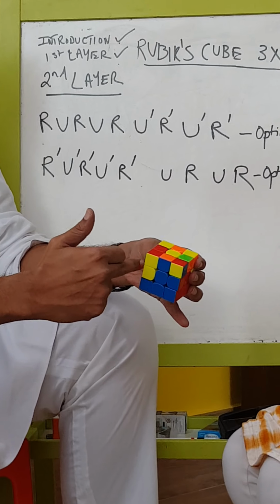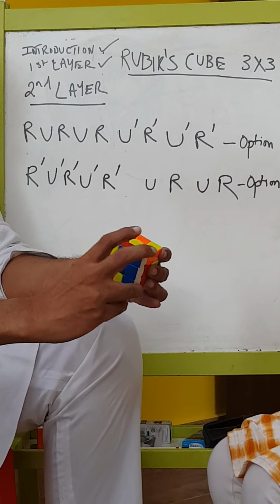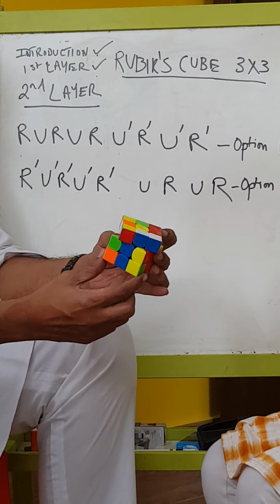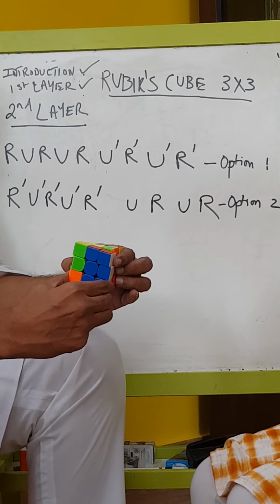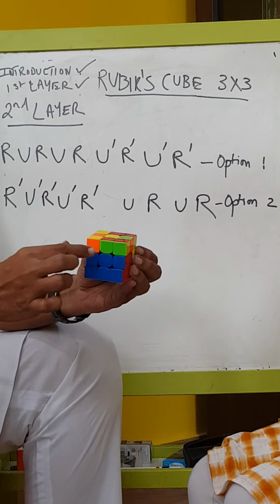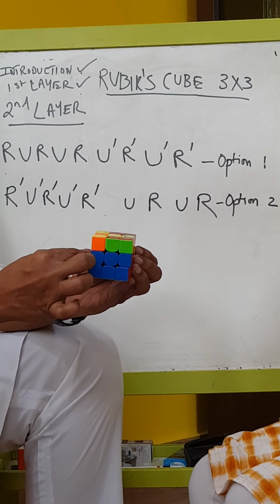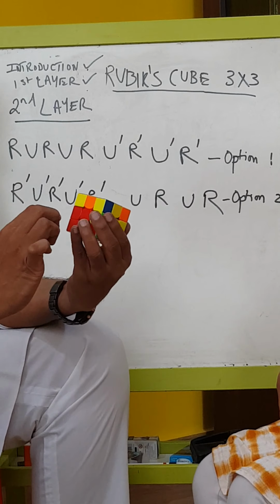It means again we need to go for option 2. R' U' R' U' R' U R U R. So previously reds had aligned, now blues and oranges have aligned. Now similarly, go for the next step.